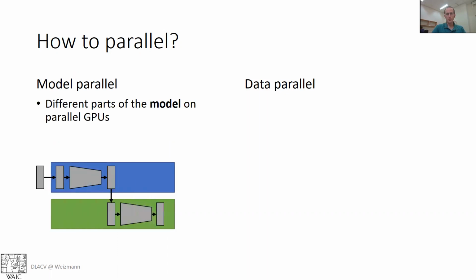With model parallel, we split the processing of the model to several GPUs. So we start the processing on one GPU, the blue one, and we continue the forward processing on another. And this is usually useful when we need more GPU memory.